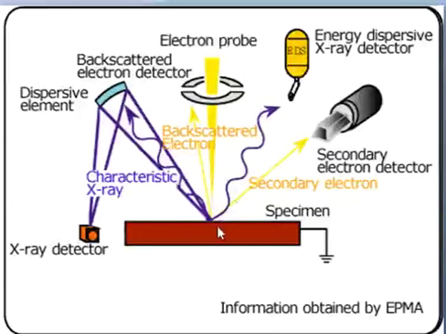And next, the characteristic X-rays emitted by the impact of the primary electrons are also recorded in the X-ray detector.